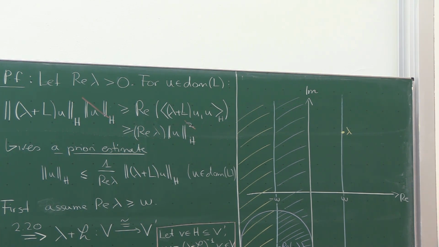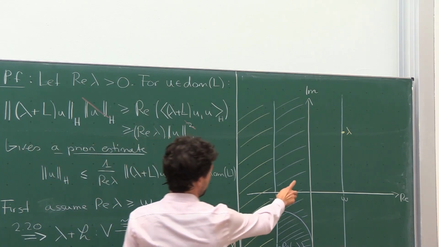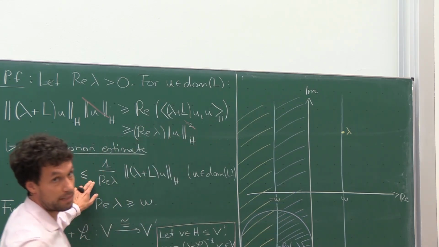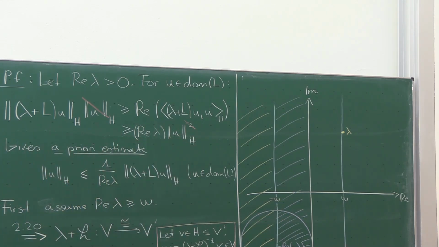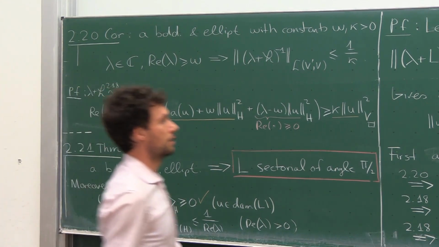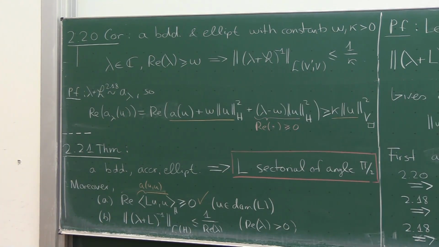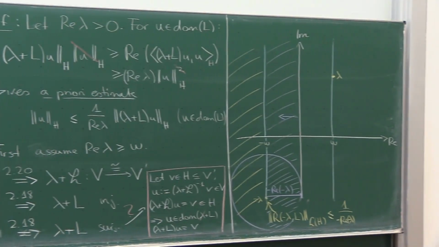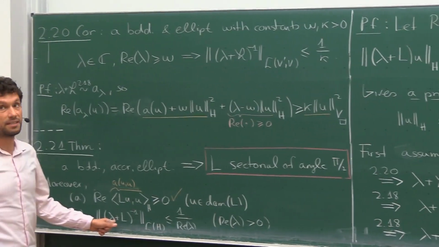Now, I do not have a good resolvent bound at this point, but remember that as soon as I have a resolvent bound, I can get back to the a priori estimate, and I get precisely the resolvent bound that's stated over here. So at this point, we have shown that the full left half plane is in the resolvent set, and that this estimate is valid.